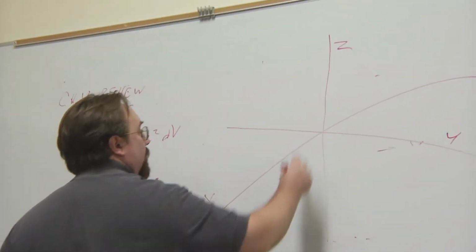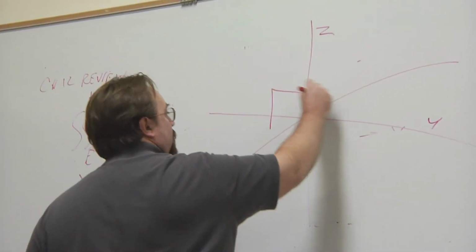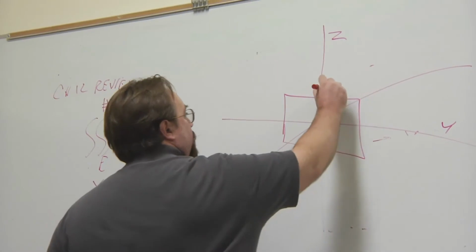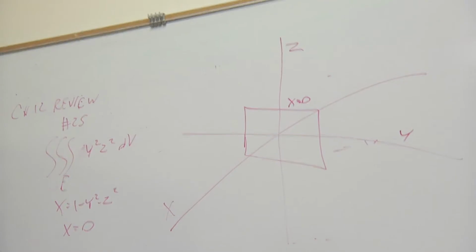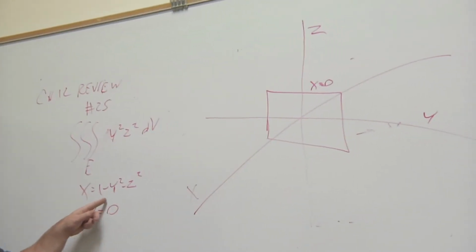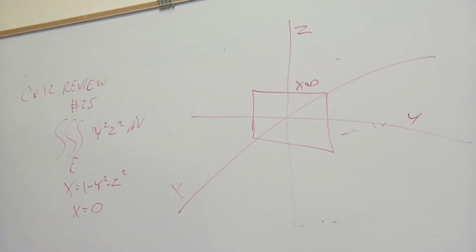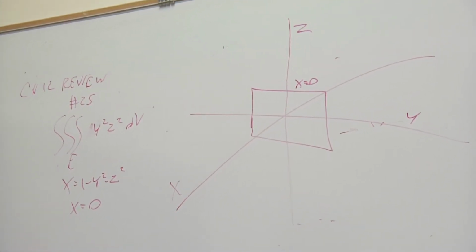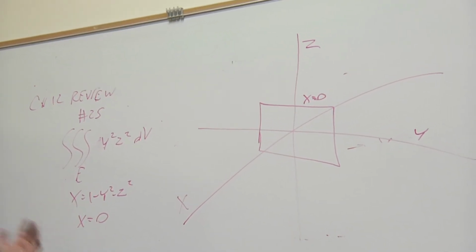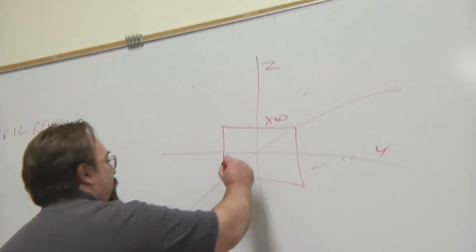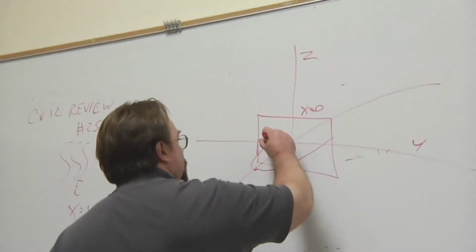Right here, that's the plane x equals 0. For a paraboloid, sometimes it's easy to visualize it by setting one of the variables involved equal to 0. So for instance, if we said z equals 0, then we see what this looks like in the xy plane. So x is 1 minus y squared, so you're looking kind of like this.